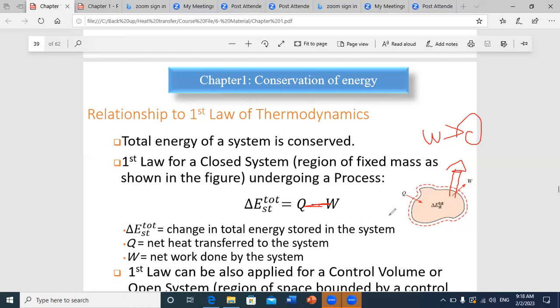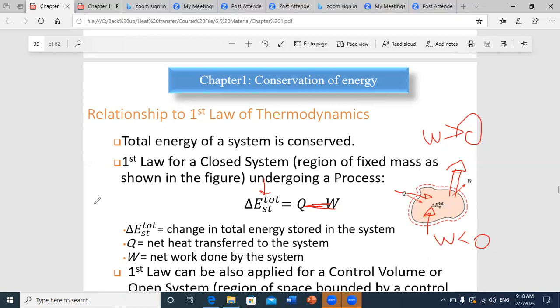Because in general, to increase energy of your system, you should give it heat, or you should put work on it. But if you take the convention that work is positive when it's produced by your system, this means that when you put work on your system, you will consider it as negative. But since this work will increase the energy of your system, you should put it as minus W.